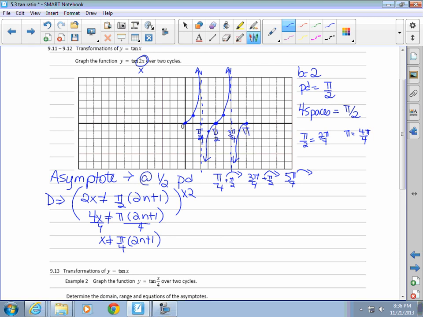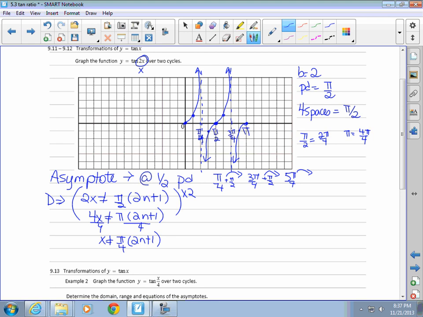And depending on the textbook, they sometimes write this differently. Sometimes they'll multiply all this out and say pi n over 2 plus pi over 4, or they'll just multiply it through and break it up. This is the simplest way to write it. You can just leave it like that. So if you want to check, what this is saying is x cannot have a value at every odd multiple. 2n plus 1 means odd multiple of pi over 4.